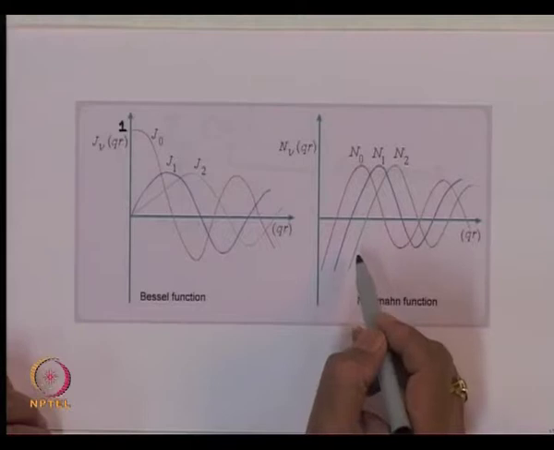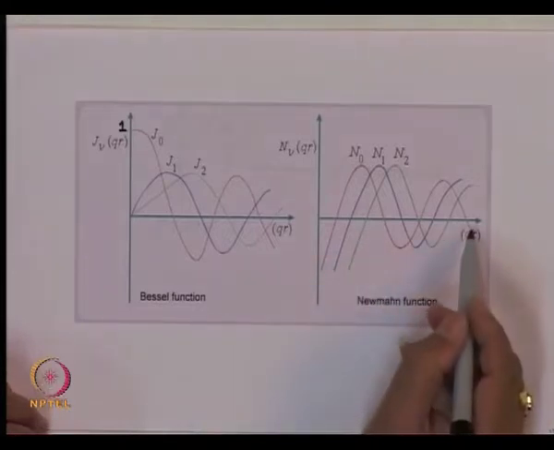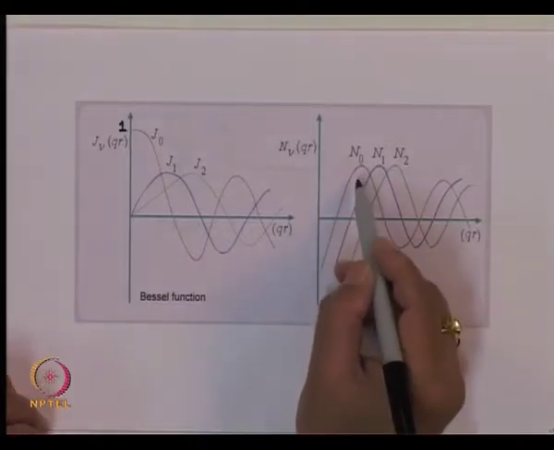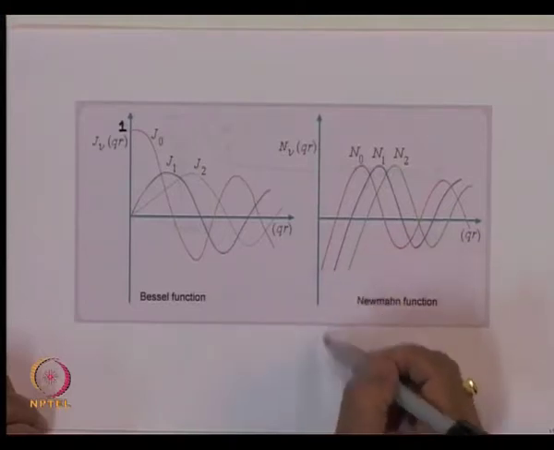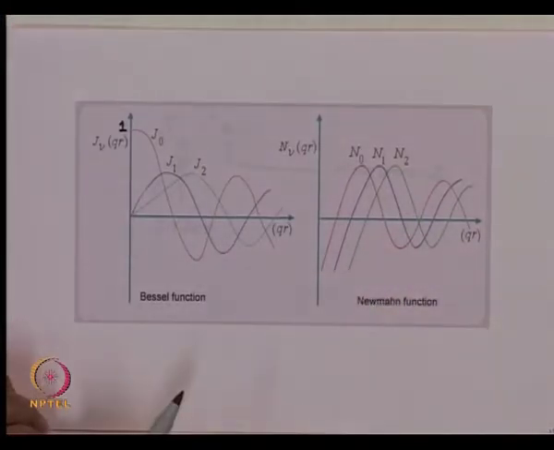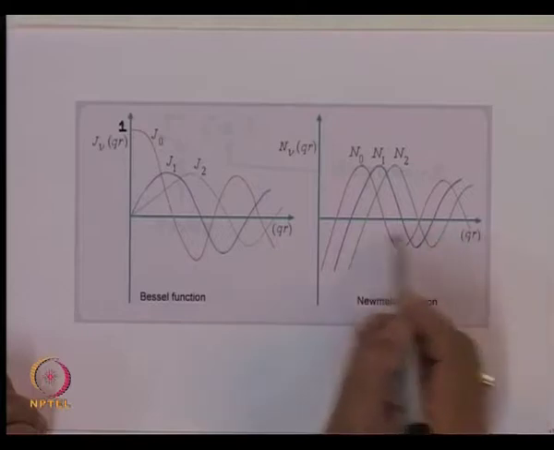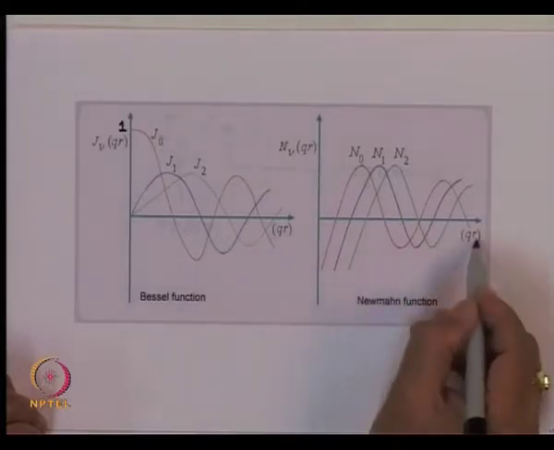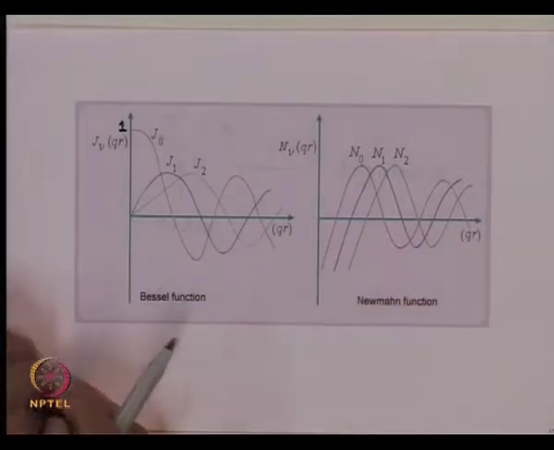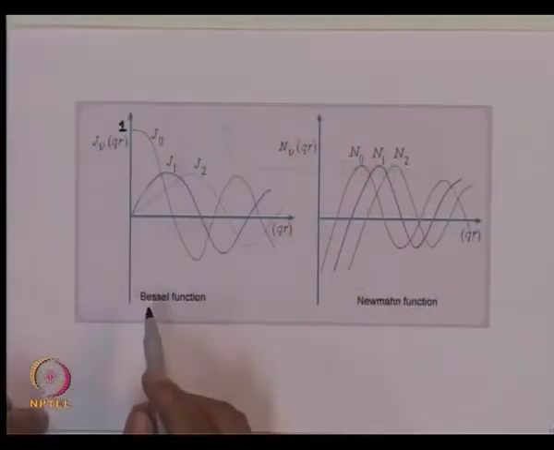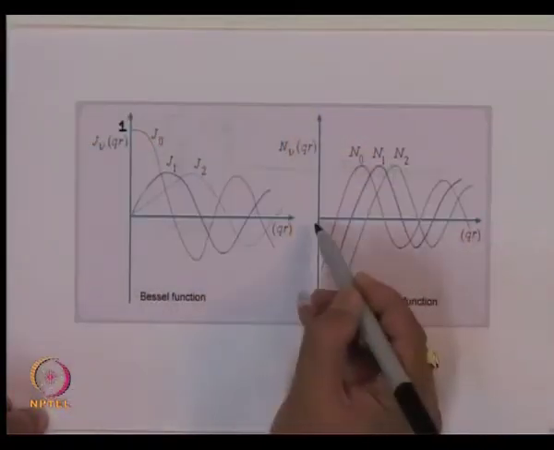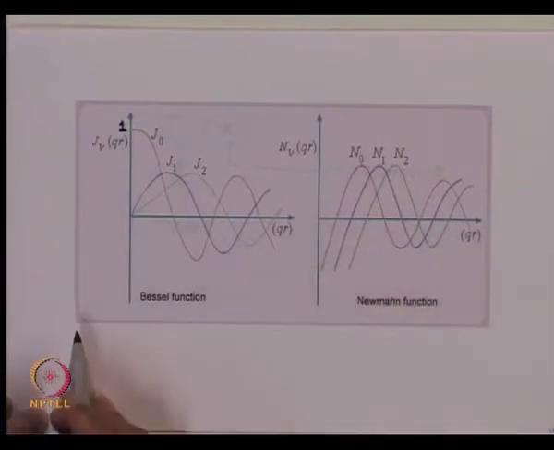If I go to the Neumann function, then as the argument approaches 0, all these functions approach minus infinity. So, if I go to qr equal to 0, that means if I reach toward the core, the center, the axis of the optical fiber, then r will go to 0 and we will approach this point, argument going to 0.